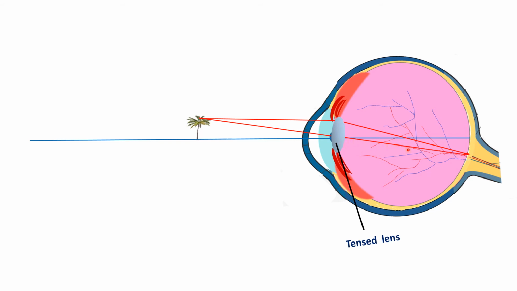So going as it is, these two rays meet on the retina here. So here an inverted image will be formed on the retina. That's all.